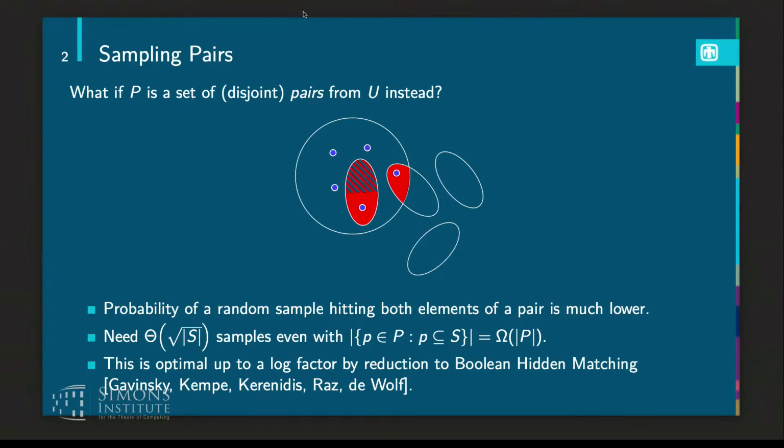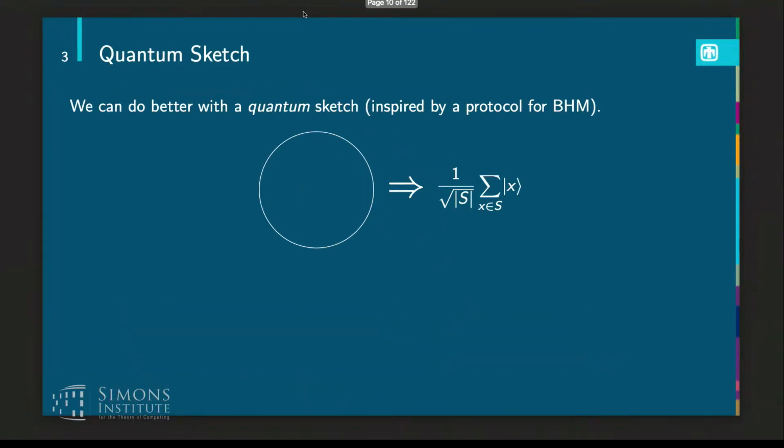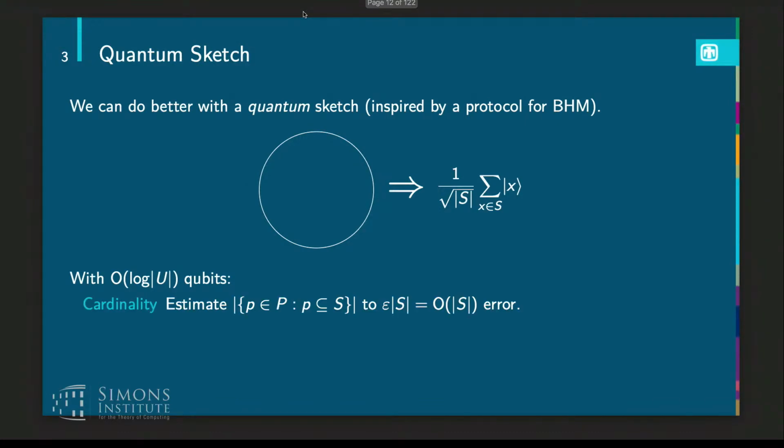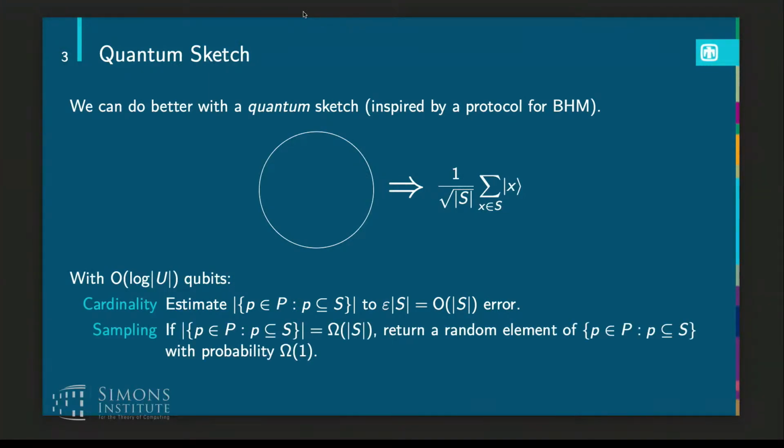And so what I'm going to tell you about now is a sketch inspired by this quantum protocol for Boolean hidden matching that can solve these problems using only logarithmically many qubits. And so this sketch is going to let you do this cardinality estimation problem, count the number of pairs in P that are contained in S, and it's going to let you do the sampling problem. If enough pairs in P are contained in S, you'll be able to sample one of them.